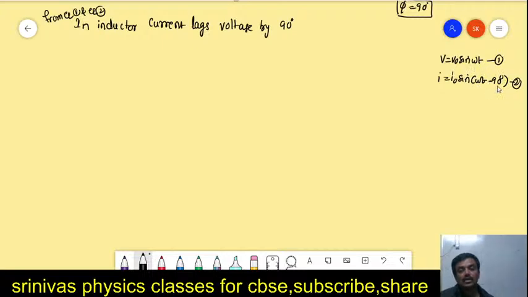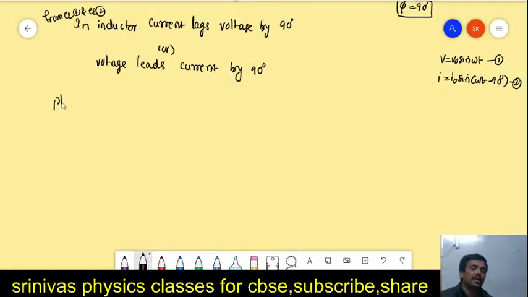That's why we can say that current lags voltage by 90 degrees, or we can also say that voltage leads current by 90 degrees in an inductor.